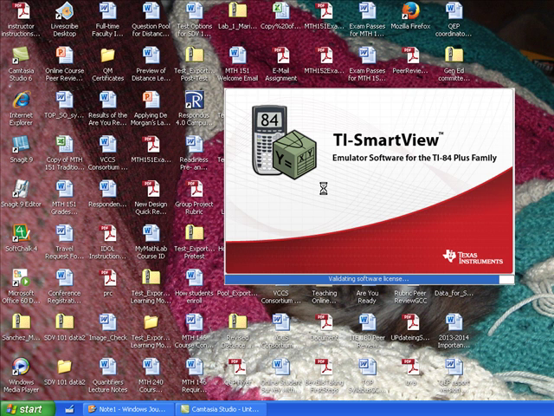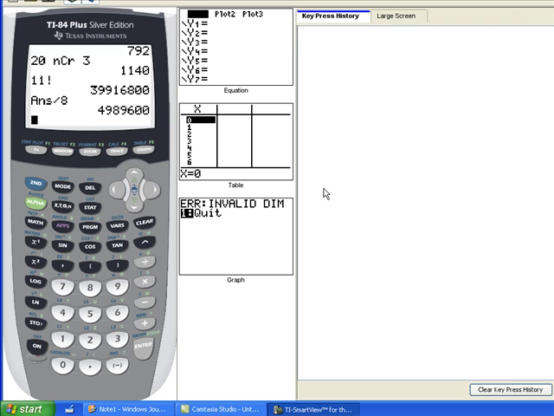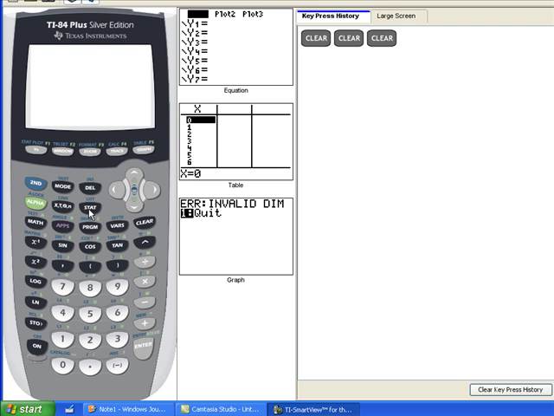Let me clear this. We're going to go to stat and edit. Okay, and what we want to do is put the values of the random variable in the first column. So our x's go in the first column. So we want to enter 0 through 6. So 0, 1, 2, 3, 4, 5, and 6.